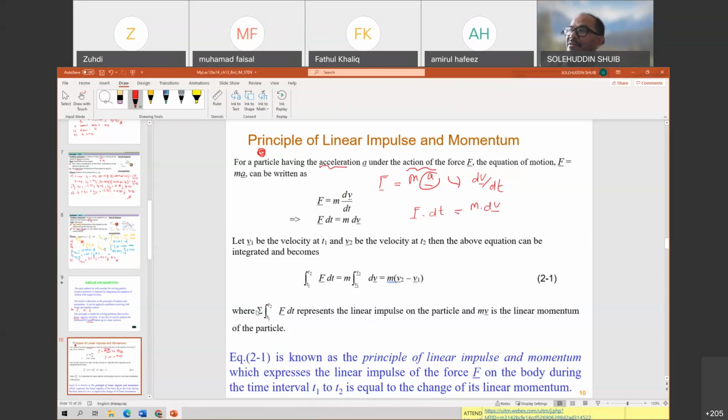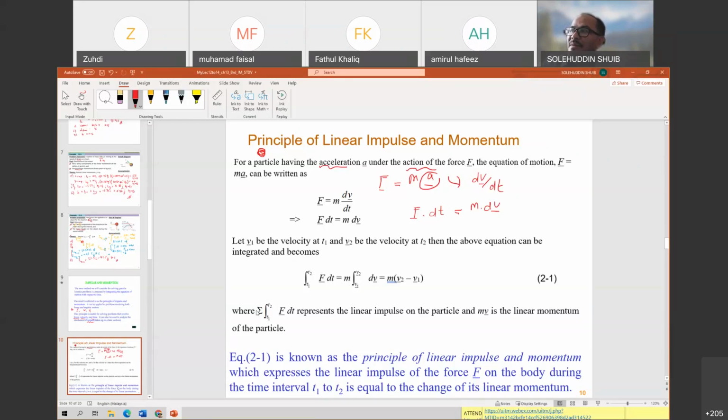So if we let v1 be the velocity at time t1, and v2 the velocity at time t2, we follow that order. So v1 is the velocity at t1, and v2 is the velocity at t2.